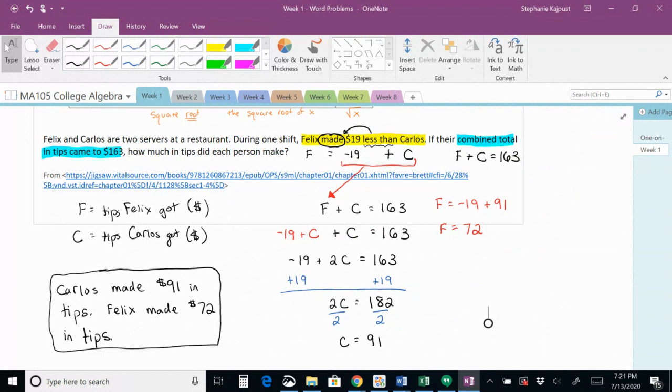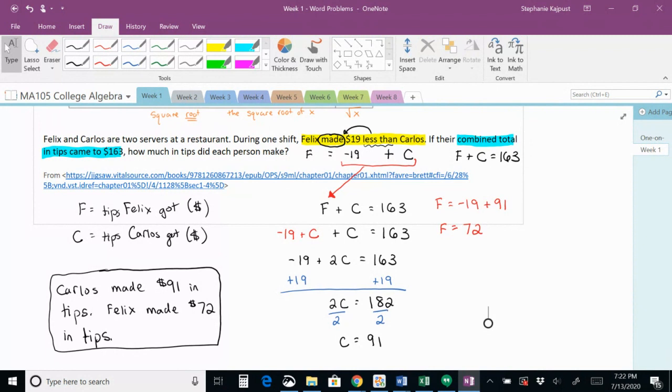So problems that work like this, just looking at some of the examples in the book, there's like, oh, you have a combined cost for a computer and printer. The computer is $240 more than the printer. You have a hot dog and a soft drink. Soft drink is more than the hot dog. Plumber cuts the pipe into 3 pieces. So even though you have 3 pieces there, it works the same concept.